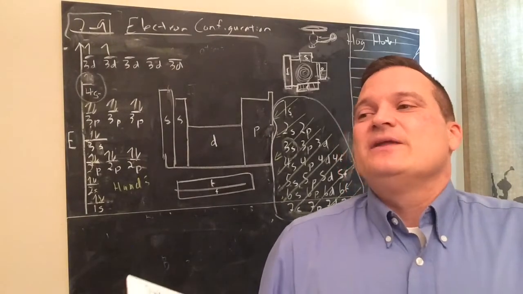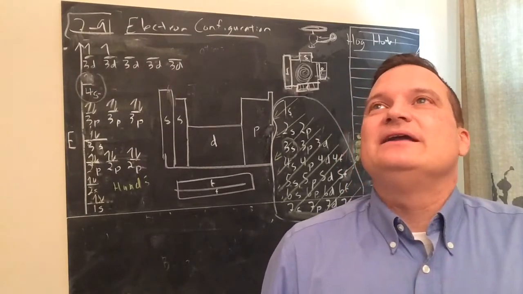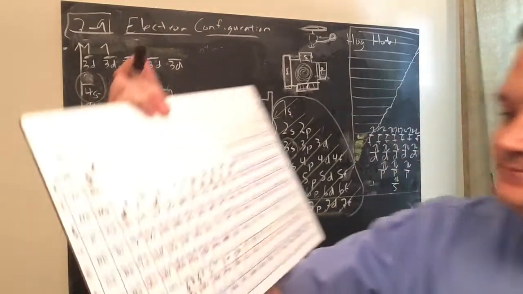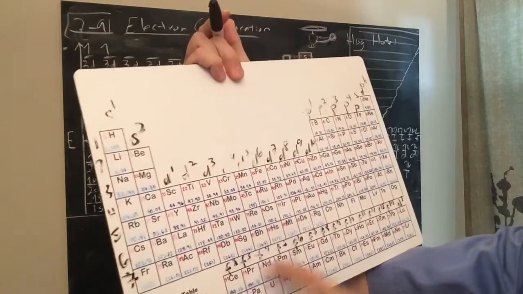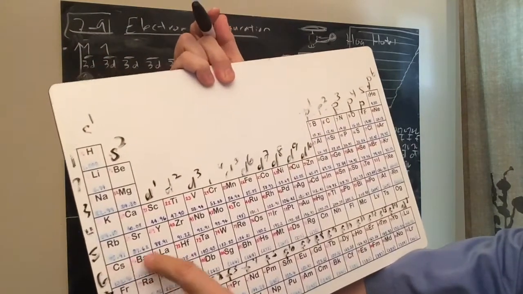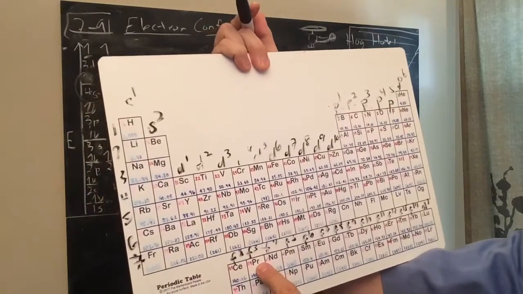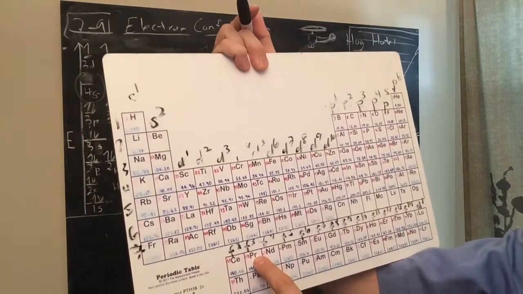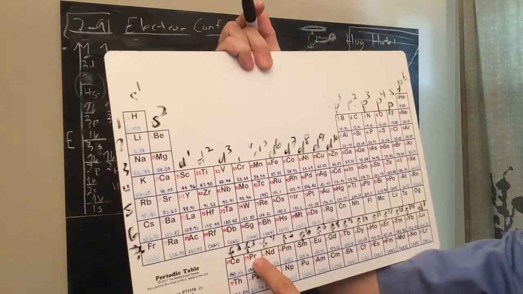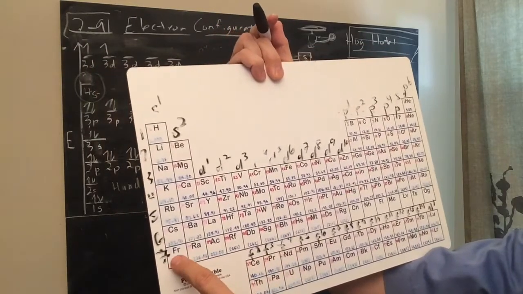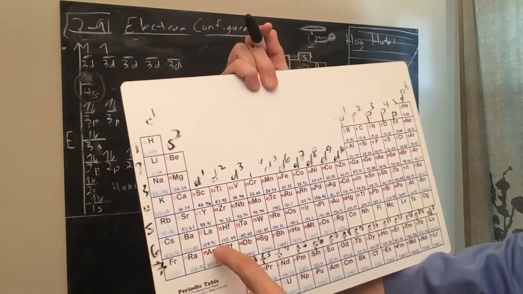But I'll just tell you, if I were to say to you, what element is 4F3? Okay, 4 F's are down here, but count that as 4F1, then 4F2, 4F3, Pr, called praseodymium. If I were to say which one is 5F10, okay, then count, here's 7S, then comes 5F1.